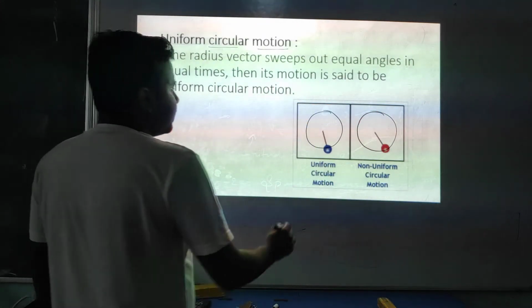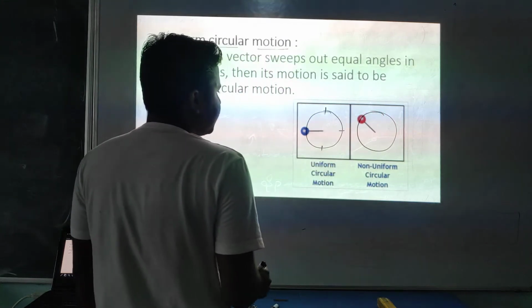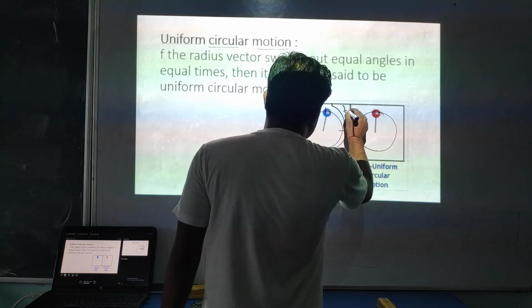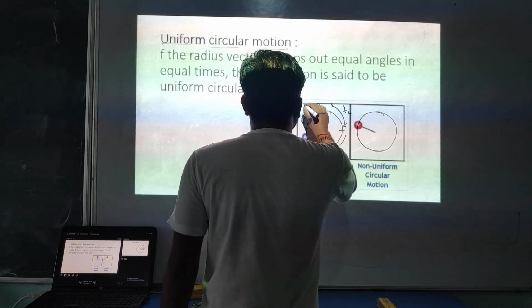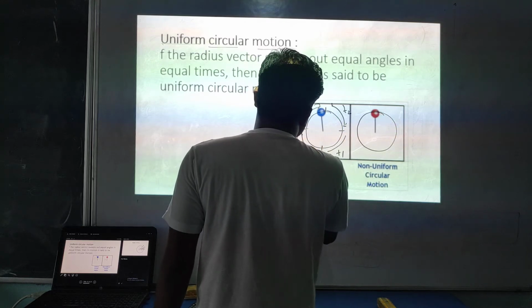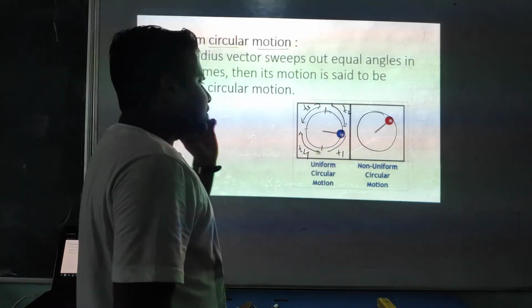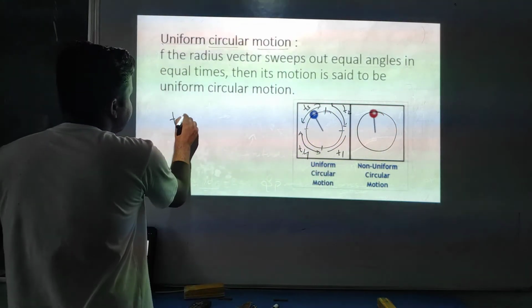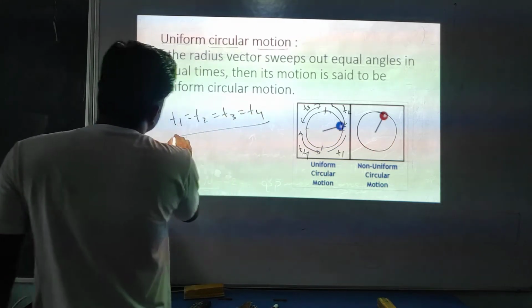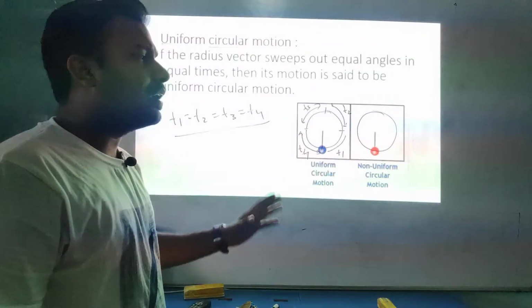Now student, here I am taking 4 time intervals. This one is T1, this one is T2, this one is T3, and in this part I am writing T4. Now if I assume T1 is equal to T2 is equal to T3 is equal to T4, we are dividing this whole motion into 4 equal parts.